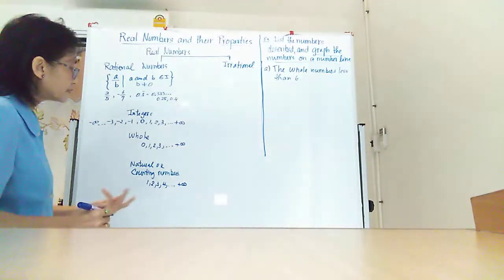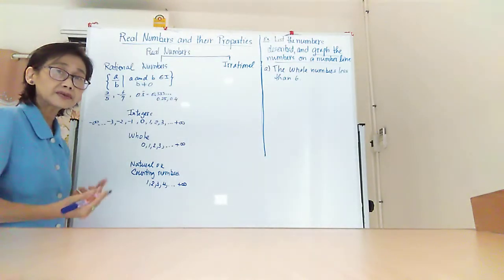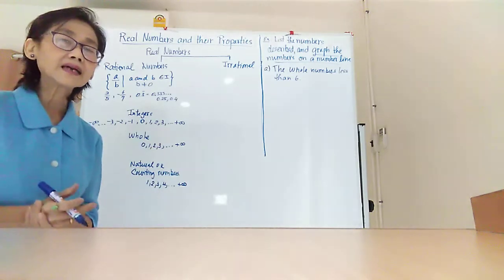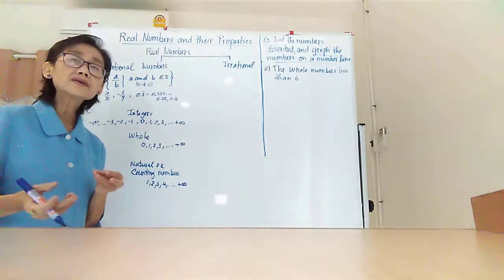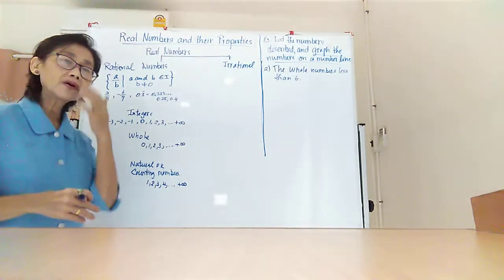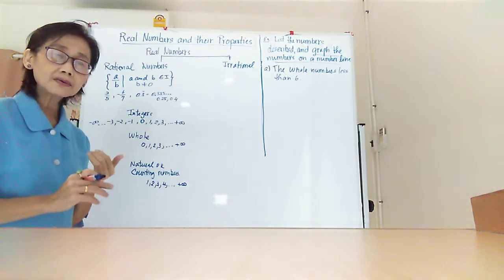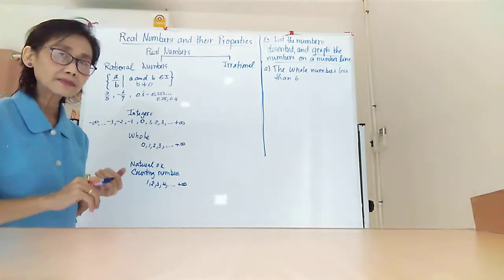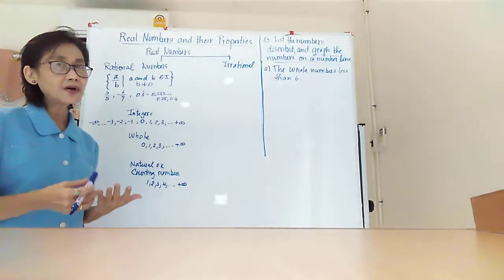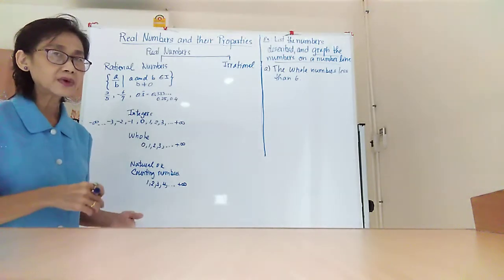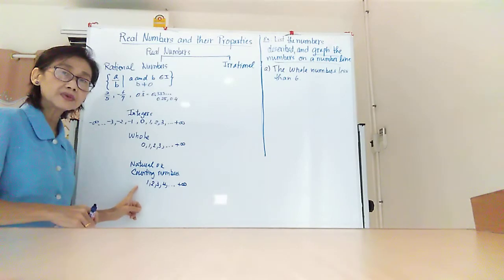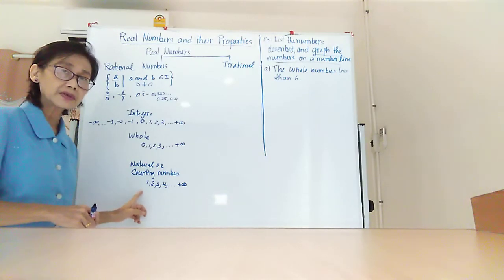The word counting number already says it, or natural numbers. For example, I ask everyone, the students in the class, how many students we have in the class? You're going to start counting from 1, 2, 3, 4, 5, 6, right? We did not start from 0 or negative 1, negative 2, correct?